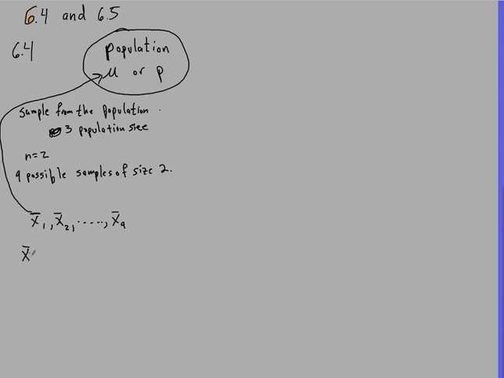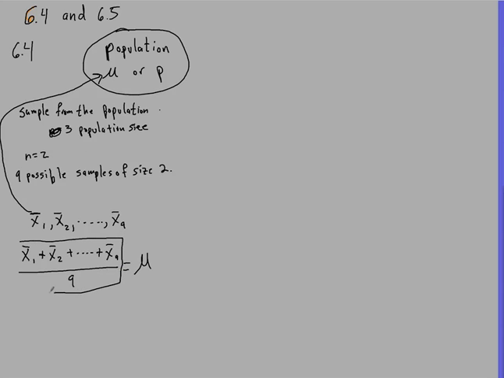If you take the average of all the sample means, divided by 9, because there are 9 possible samples, this is going to be equal to mu, the population mean.